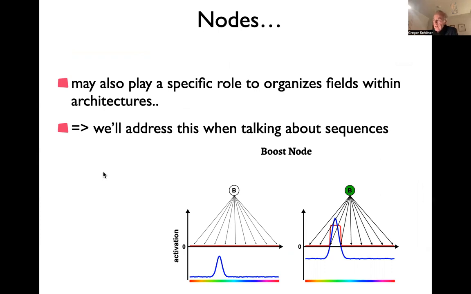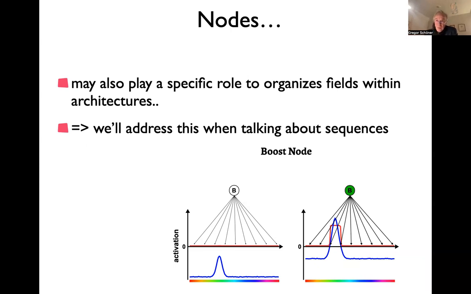So, for instance, the common use of that is what we call a boost node. There are some occasions when a neural node will potentially activate an entire field homogeneously. And when it becomes activated, it will lift activation in that field and enable, for instance, peak generation if there was some sub-threshold activation pattern.